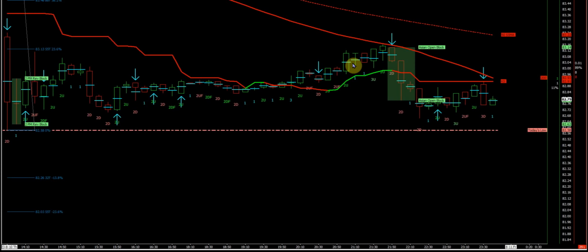Now, that's just the very basics. And a 1, of course, is just an inside bar. This is a 1 because the entire candle fits inside that previous candle, right? So it's relatively simple, relatively straightforward.